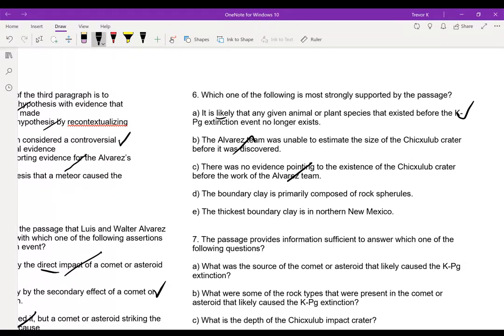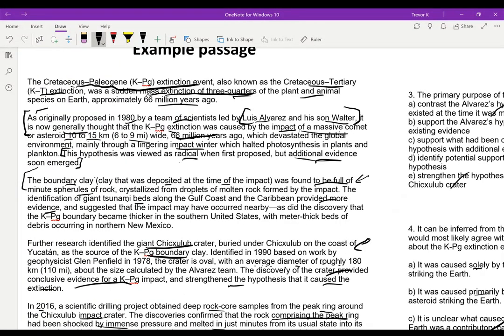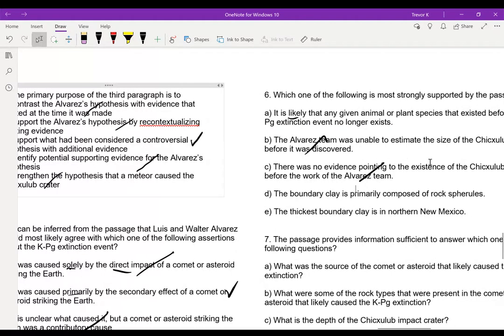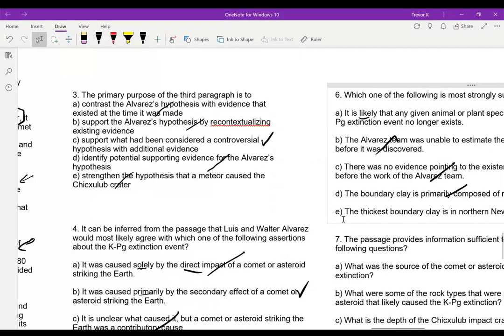Boundary clay is primarily composed of rock spherules. Does it say primarily? It says boundary clay is full of minute spherules of rock. Primarily is a really strong term there because it is clay. So this one's a maybe, but A seems better, so I'm going to say no. The thickest boundary clay is in northern New Mexico.